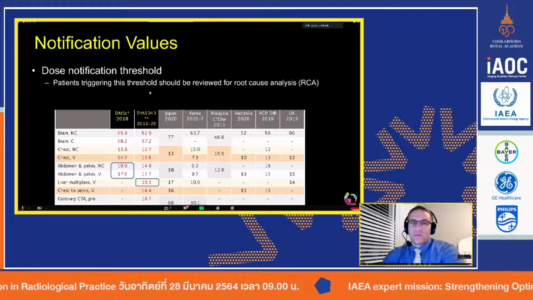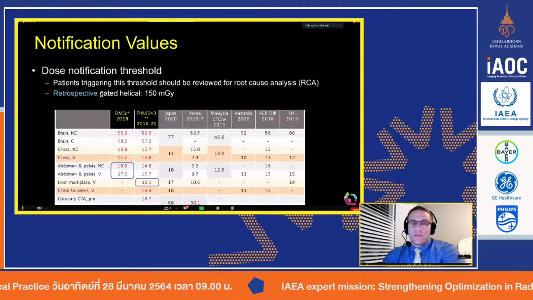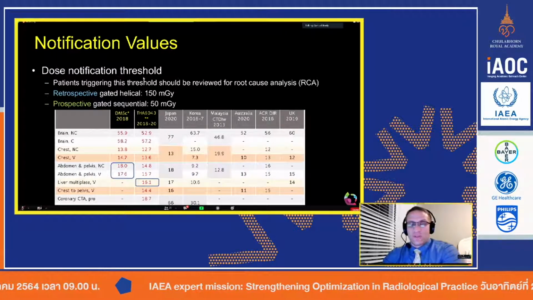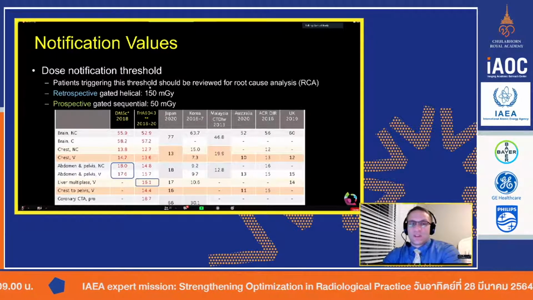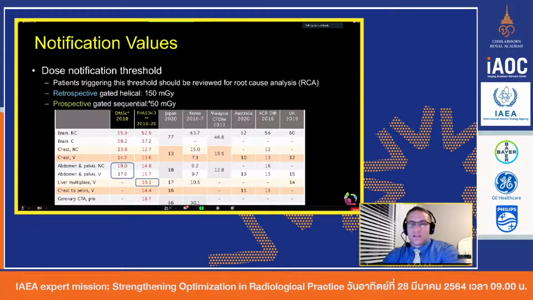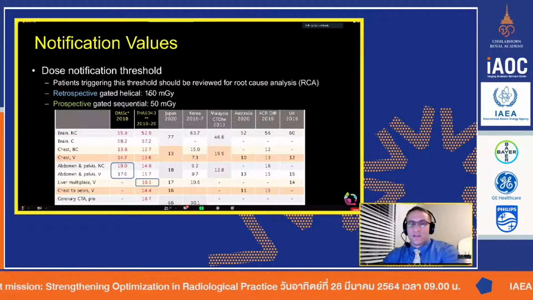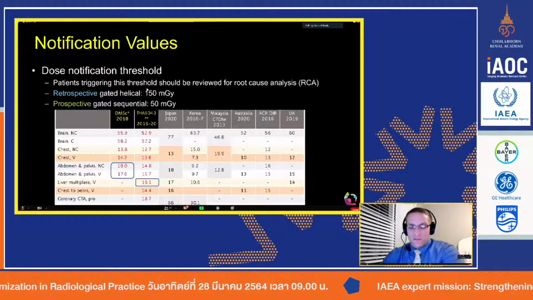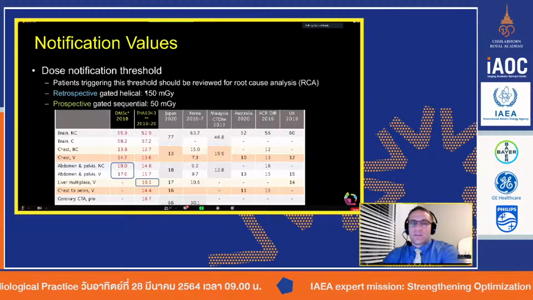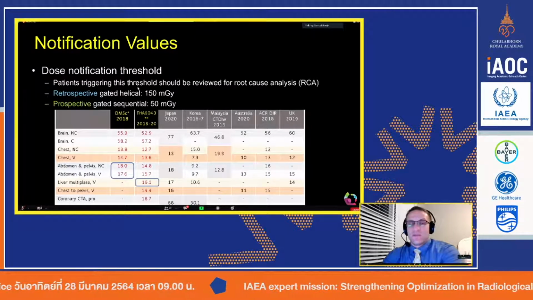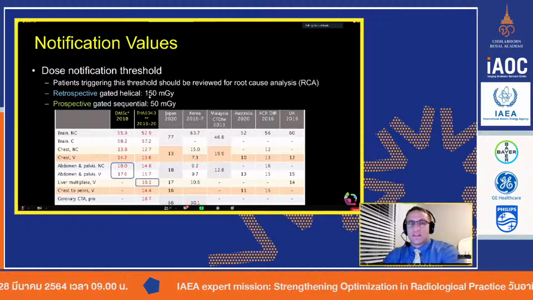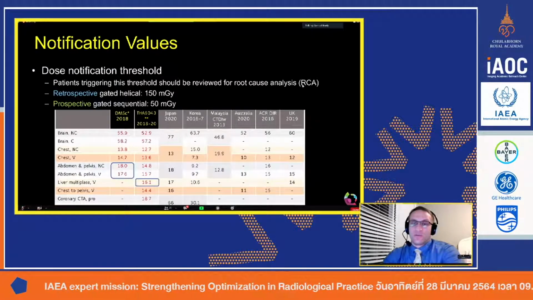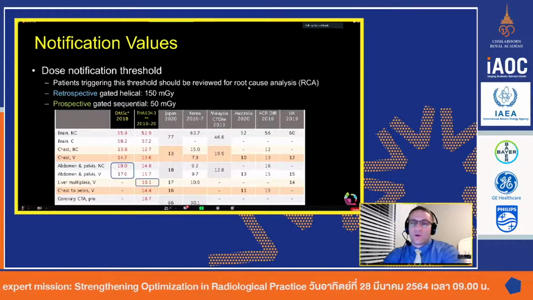In the US, we have values that are set slightly differently. They set what are called dose notification thresholds, in which case these are not necessarily diagnostic reference levels. These are values that, for example, the ACR and a few other societies basically said is if you ever have a retrospective study that exceeds 150 milligray, then that's probably too high, and you should do a root cause analysis to review what went wrong.